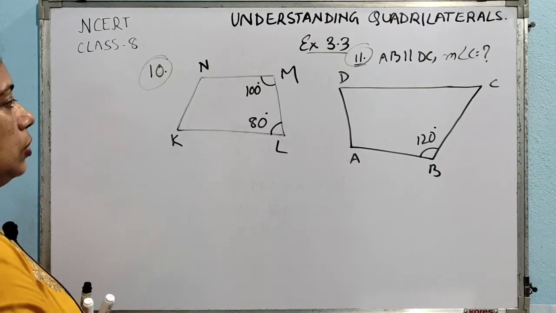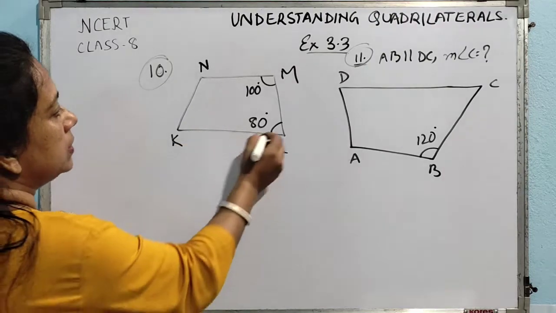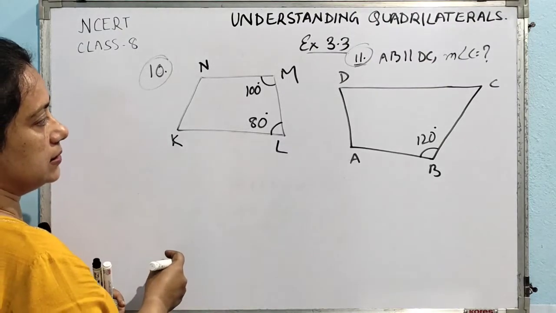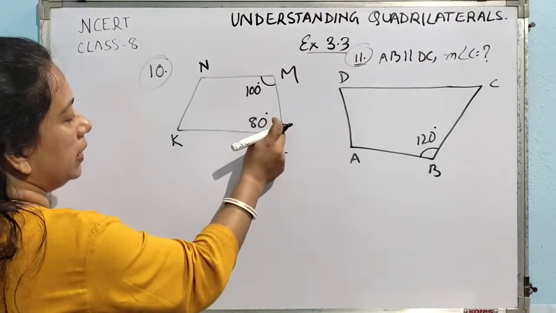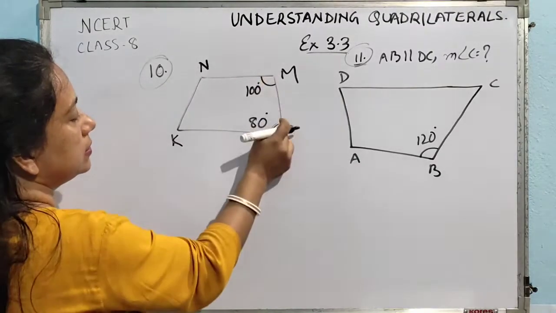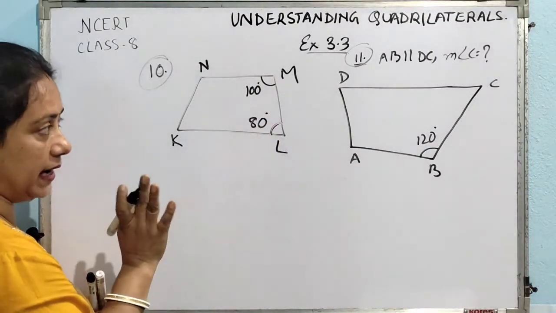Okay. Now look at this one. See, these two angles are adjacent angles, isn't it? So these two angles sum is going to give you 180 degree.